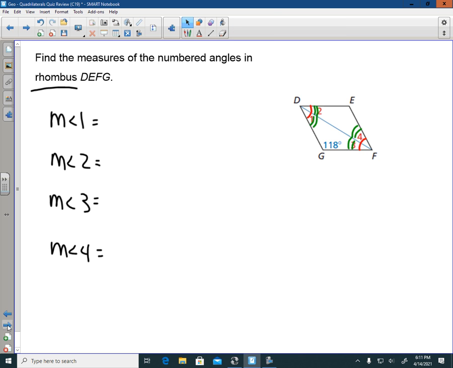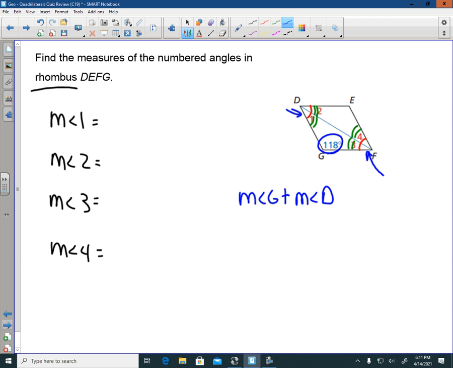Well, here's something else interesting. We know that angle G is 118 degrees, but since rhombuses are parallelograms, we can find the measure of angle F and the measure of angle D, because they're going to be the same. How we know that is that in every parallelogram, the consecutive angles are supplementary. In other words, if we take the measure of angle G and add it to the measure of angle D, for example, we're going to get 180 degrees every single time, because consecutive angles are supplementary.